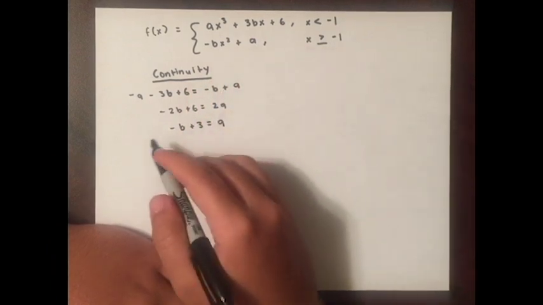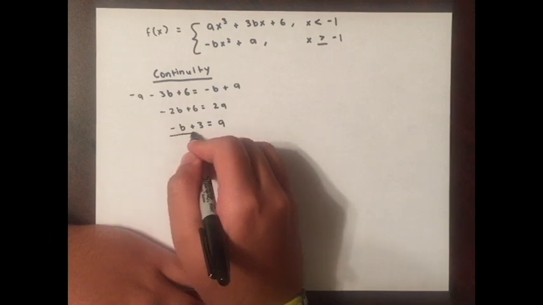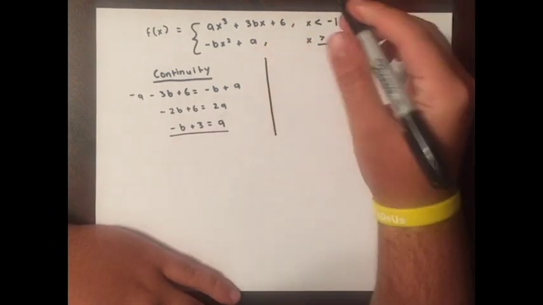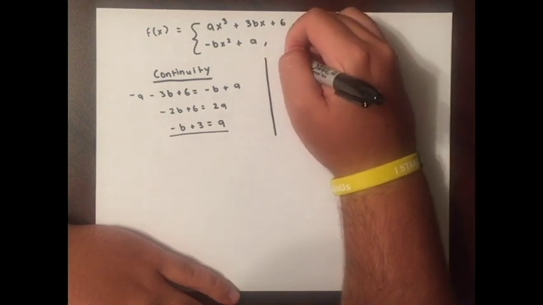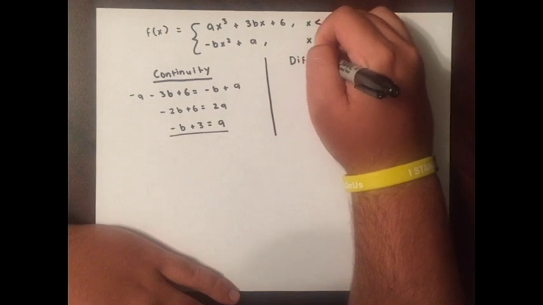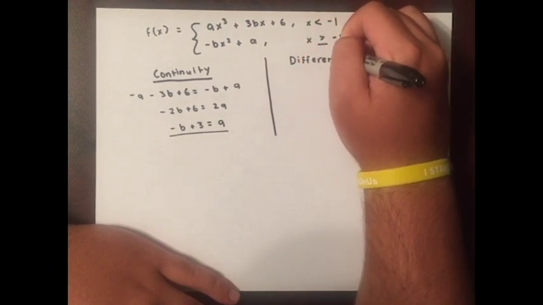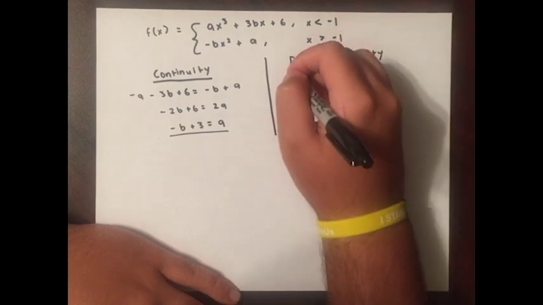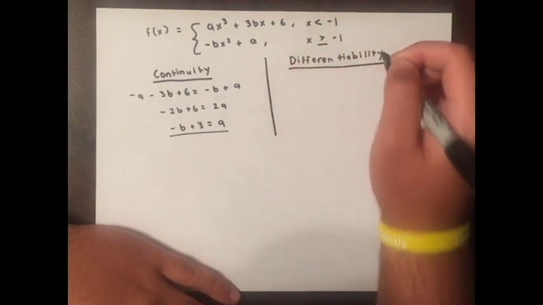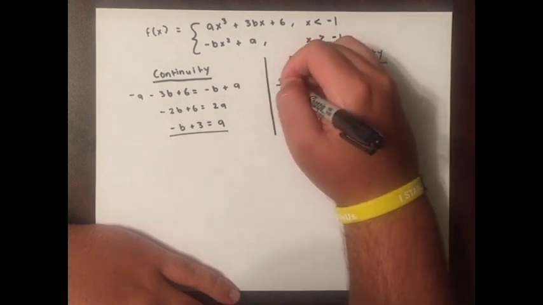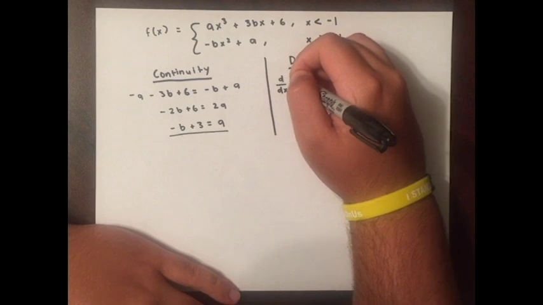So we got a singled out, which brings me to the second half of how to solve this problem, which has to do with differentiability. So for this half, you're gonna have to find the derivative of each piece of the function.